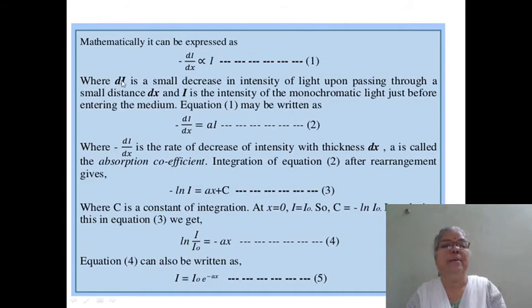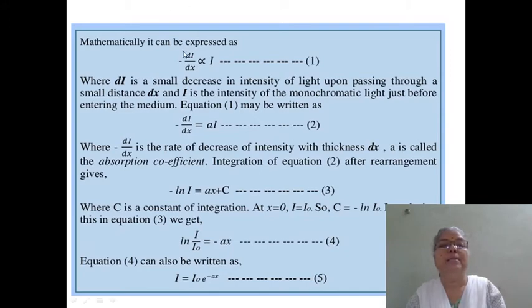In this equation, dI is a small decrease in intensity of light upon passing through a small distance dx, and I is the intensity of the monochromatic light just before entering the medium, as I have already shown in that diagram.